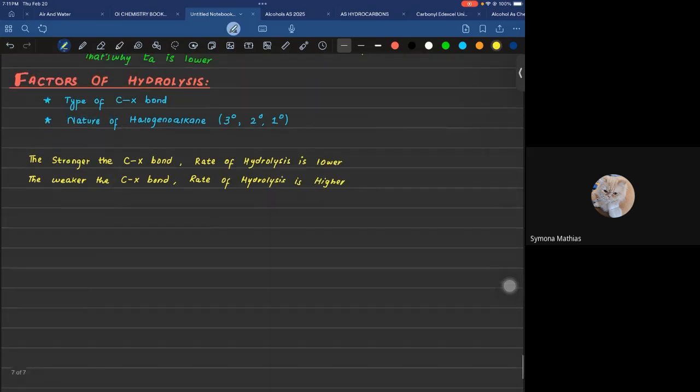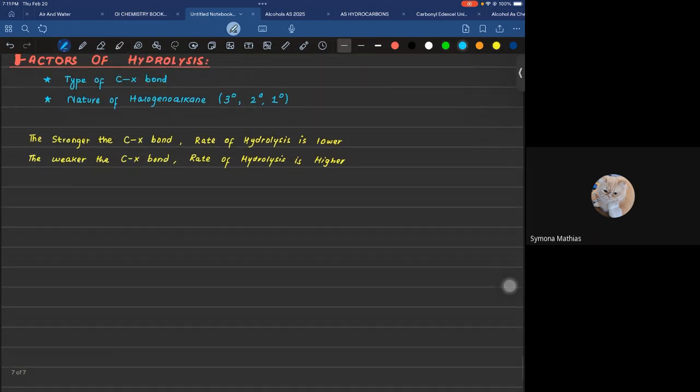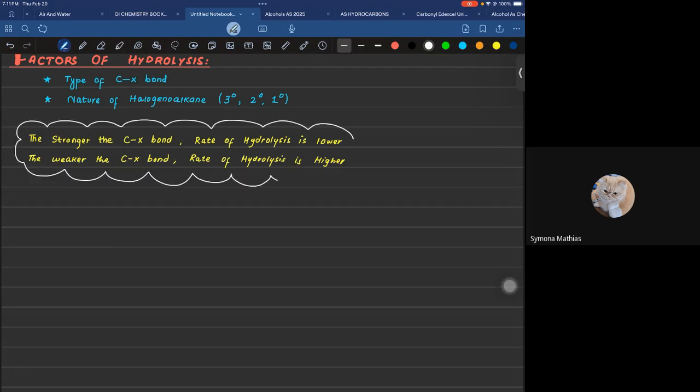Then, this is the first one: the rate of hydrolysis of 3 degree haloalkane is faster, or you can say higher.